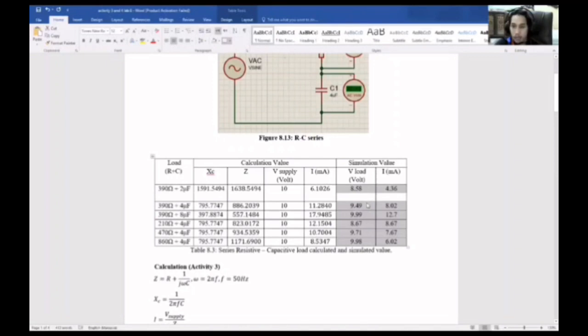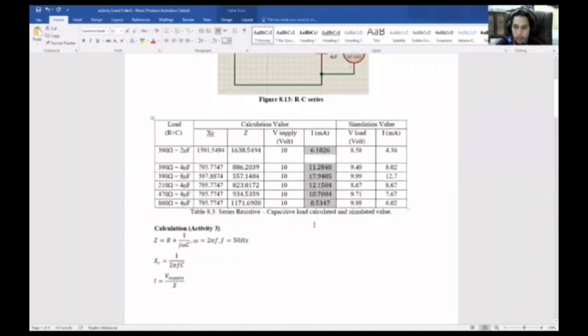Now what we need to find is the I. How do we find the I? We need to find the Z first.